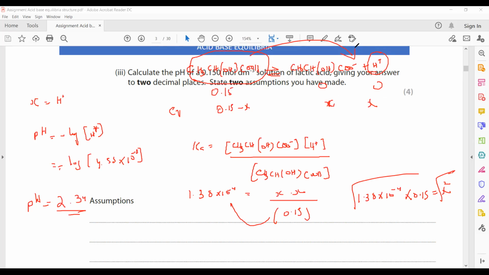So this hydrogen can be from water as well, but our assumption is that all of the hydrogen ion present in the solution is due to the acid. Is it clear? The two assumptions: one is assuming negligible, very small dissociation of the molecule. The second one, all of the hydrogen is from the acid, no hydrogen from water. Or you can also say the concentration of lactate ion is equal to the concentration of hydrogen ion.